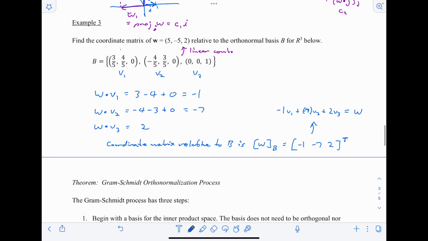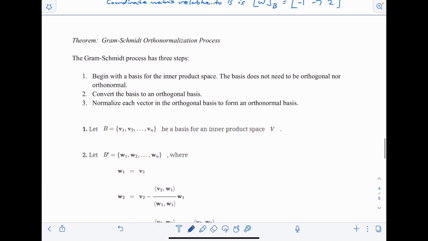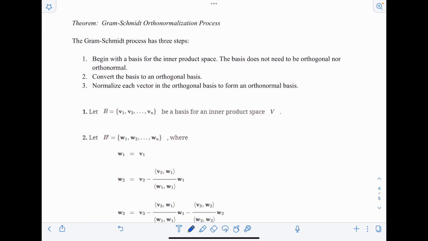All right, so the last thing we're going to talk about is the Gram-Schmidt orthonormalization process. Oftentimes we'll just refer to it as the Gram-Schmidt process, okay? This is how we take a basis and turn it into an orthonormal basis.